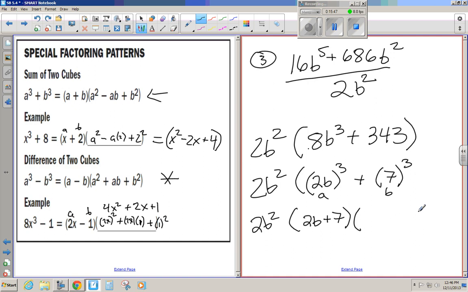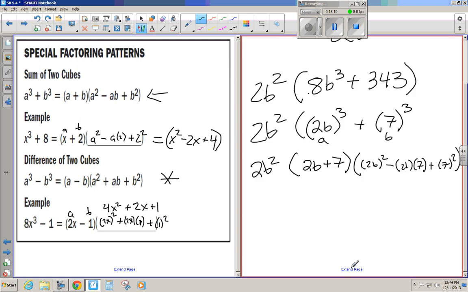And on the next part, it's a squared minus a times b plus b squared.